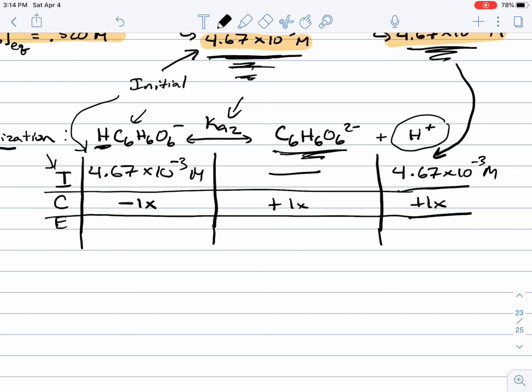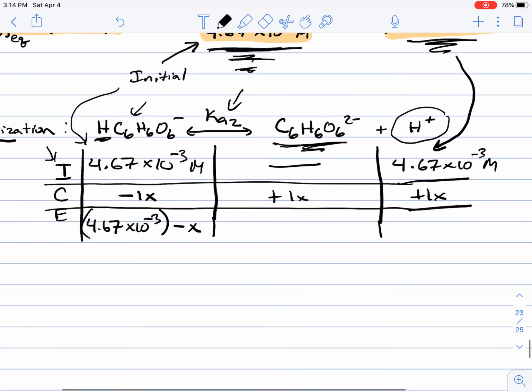And so when we add down, we get 4.67 times 10 to the negative 3. I'm going to put this in parentheses, minus x. That's going to define the equilibrium concentration of the conjugate base of ascorbic acid. And if I add down in my second column, I just get x.